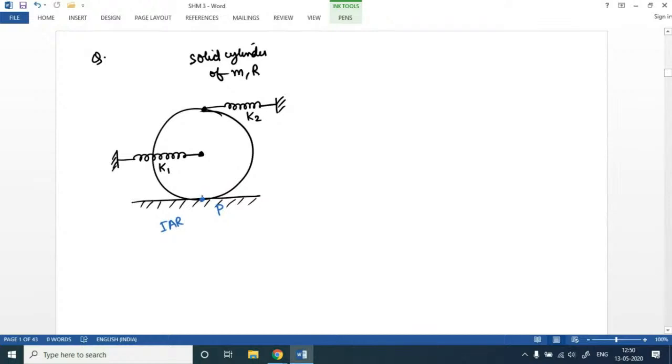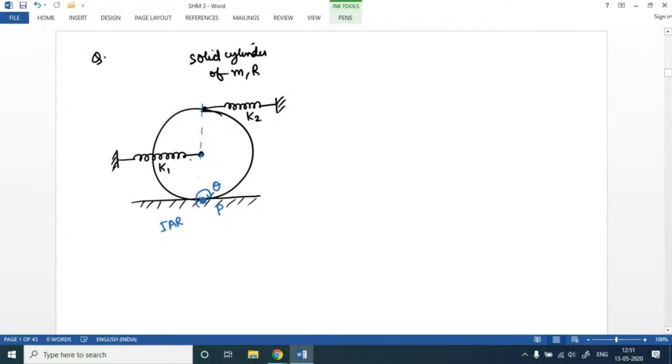So we can consider pure rolling, or purely rotational motion, about this point P. And let's imagine we have given a small angular displacement about this point P of theta, right? So in that case, imagine it to be purely rotational motion about this point P. So in that case, this point will be moving further by r times theta.